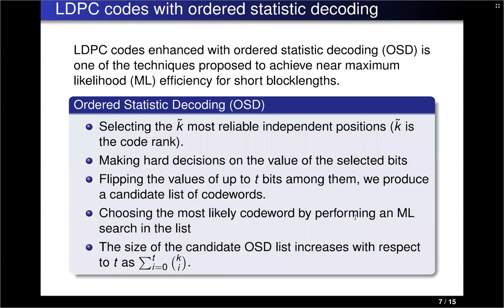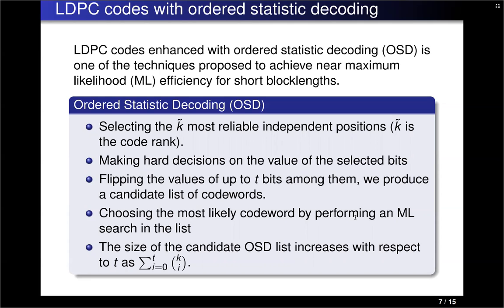The first code that we implement is LDPC code with ordered statistic decoding. LDPC code in general shows very promising performance in long block lengths, but in short block lengths, usually we need to equip it with some other tools. Here we use OSD. In the OSD, first we pick the K tilde most reliable independent positions. K is the rank of the code.